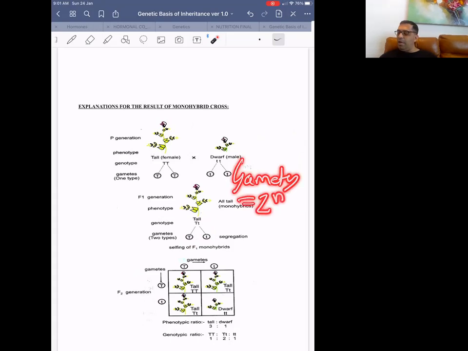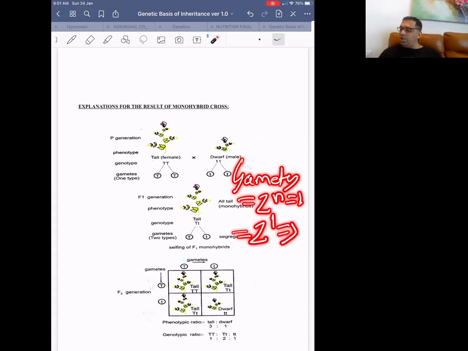So how many gametes are formed? Capital T small t gives capital T and small t, where n is equal to 1. So 2 raised to 1 equals 2, which means two types of gametes: capital T and small t.